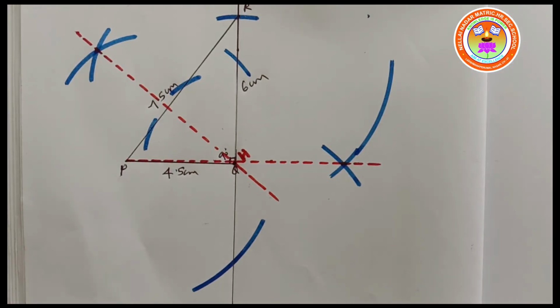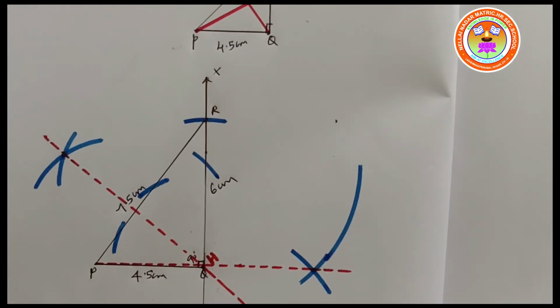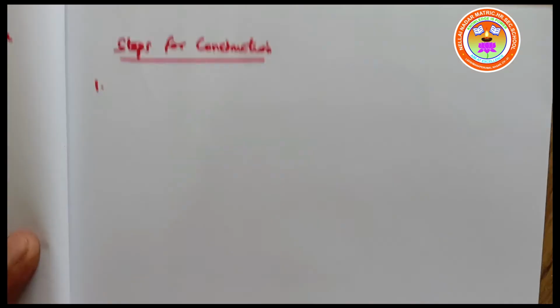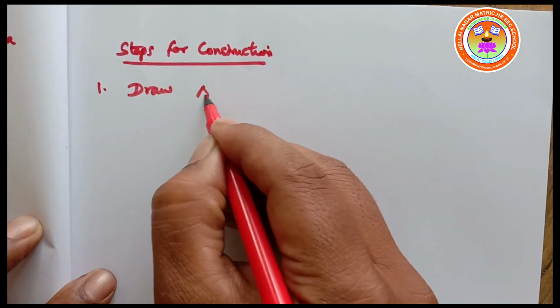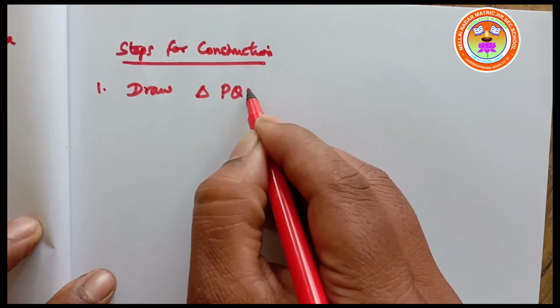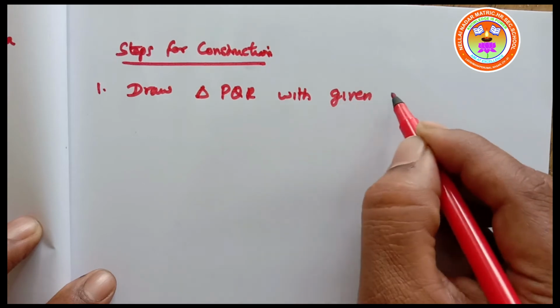It's clear. Now steps for construction. First point, draw triangle PQR with given measurements.